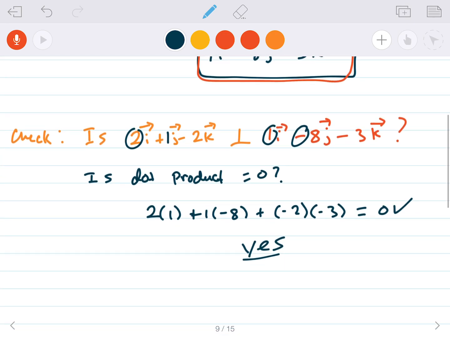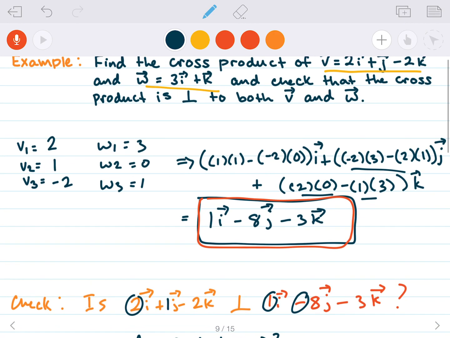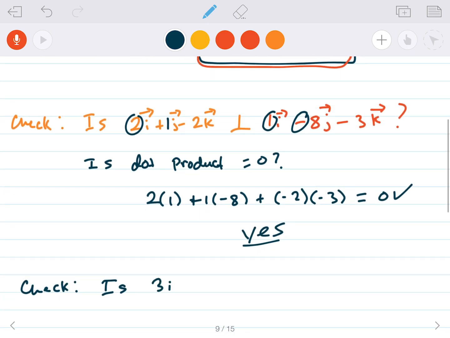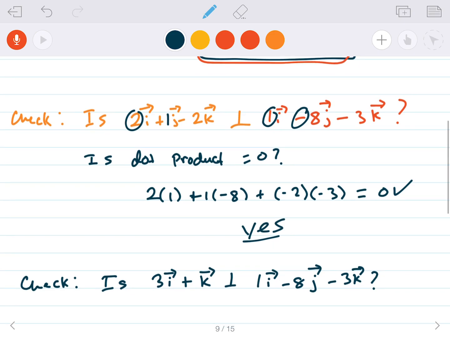Now let's check the other vector. So now we check, is the other vector 3i plus k perpendicular to the vector we found? Well, again, we take the dot product.